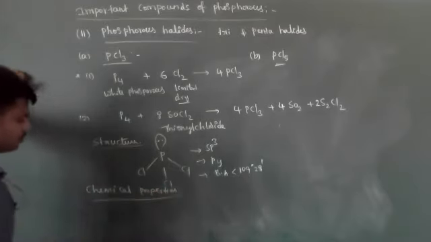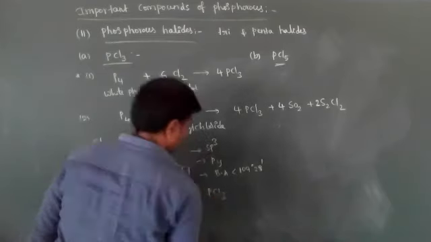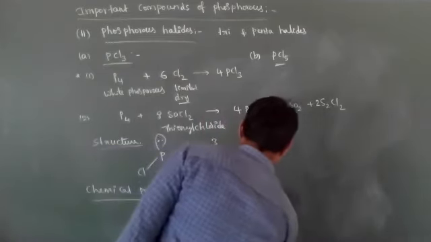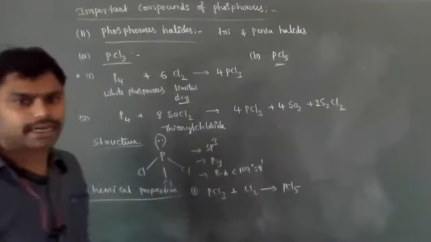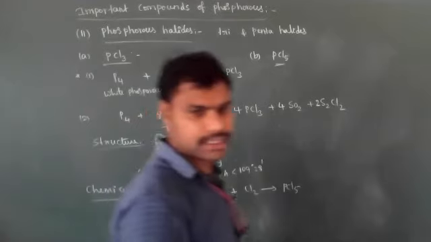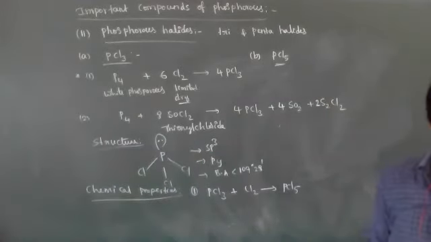Chemical properties. This phosphorus trichloride, when treated again with chlorine, is converted into PCl5, phosphorus pentachloride, and this PCl3 acts as a chlorinating agent.